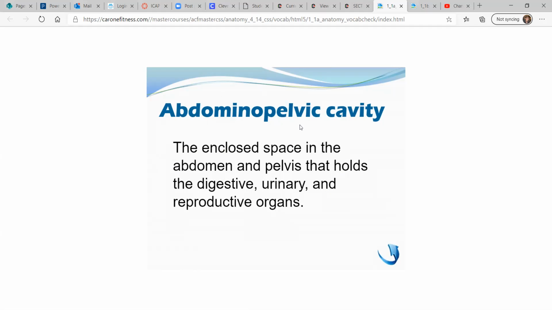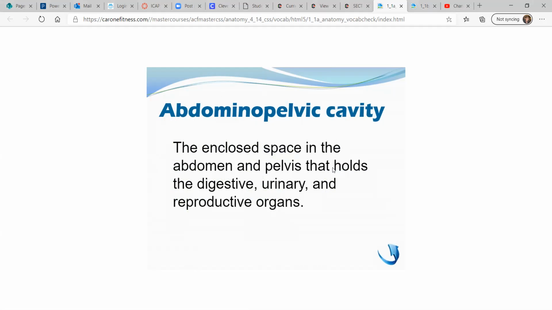A cavity is an enclosed space. Abdomen, as in the abdomen. Pelvic, in the pelvis region. So it's an enclosed space in the abdominal pelvic region, okay?